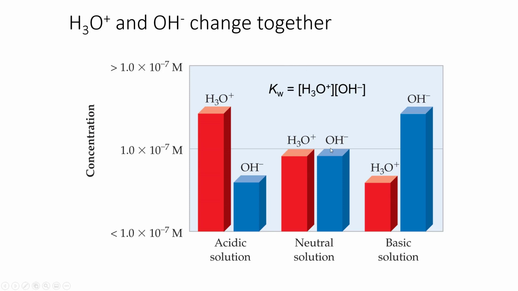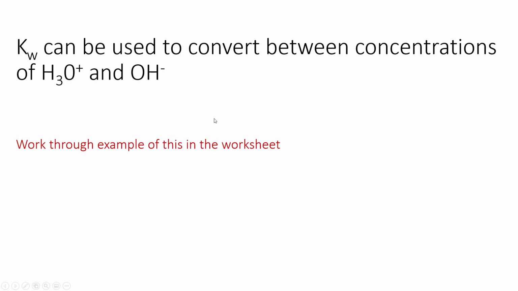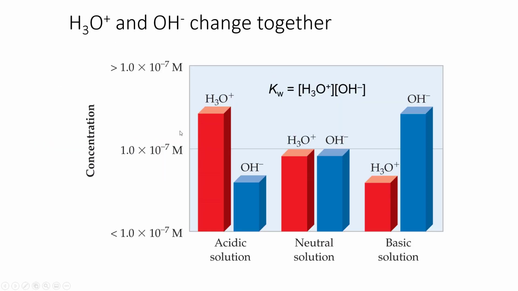In a neutral solution, the concentrations are both the same. Whereas in an acidic solution, the concentration of the H3O plus goes up and the concentration of the OH minus goes down. Whereas in a basic solution, the concentration of the OH minus goes up and the H3O plus goes down. So you can see that these changes are compensatory. They go together.